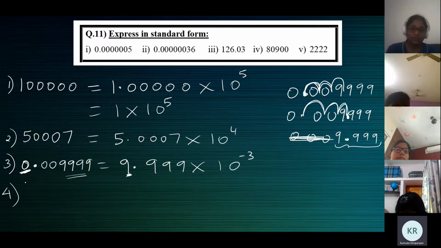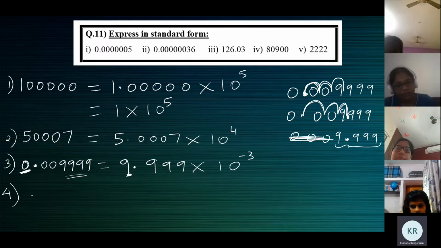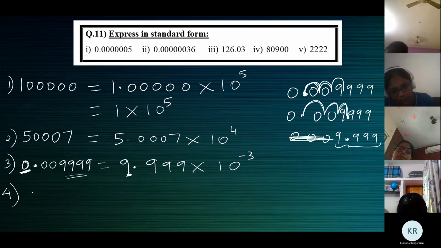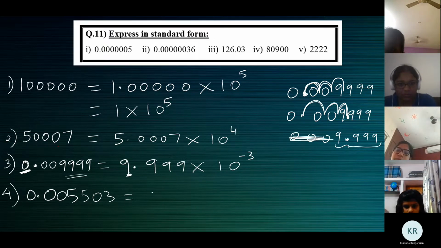Who wants to try the next one? Me, ma'am. Okay. Ma'am, the answer is 5.503 into 10 to the power minus 3, ma'am.